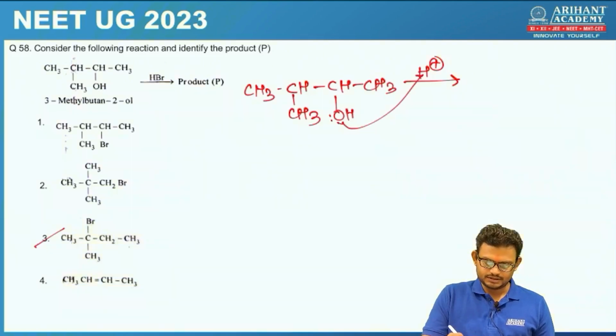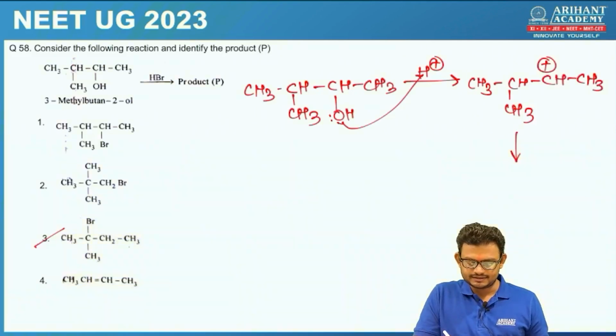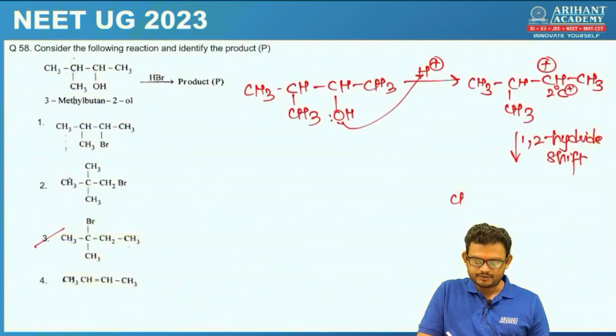On protonation, and we also know water becomes a good leaving group. It leaves the system generating a secondary carbocation. Correct? And definitely this here is a secondary carbocation. This now undergoes a 1,2 hydride shift to form a tertiary type of a carbocation.